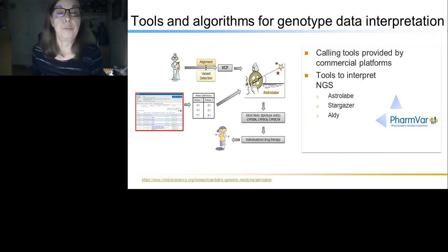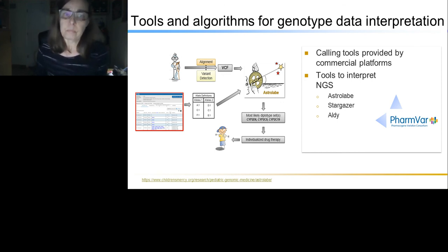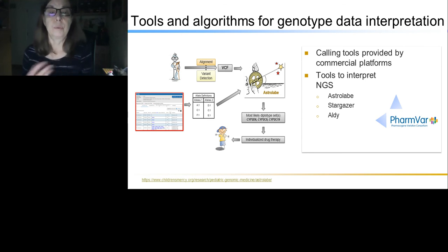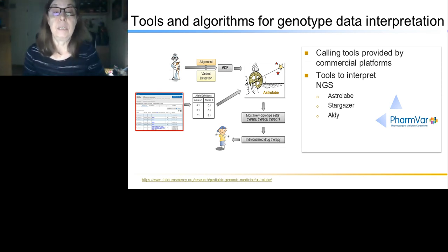To your left, you see roughly how that works. In that red box is the allele definition. These are tables that go into these algorithms. And then you have your genotype data in different formats. The algorithm is doing its thing and is reporting out these diplotypes based on the allele definitions that it received as an input.